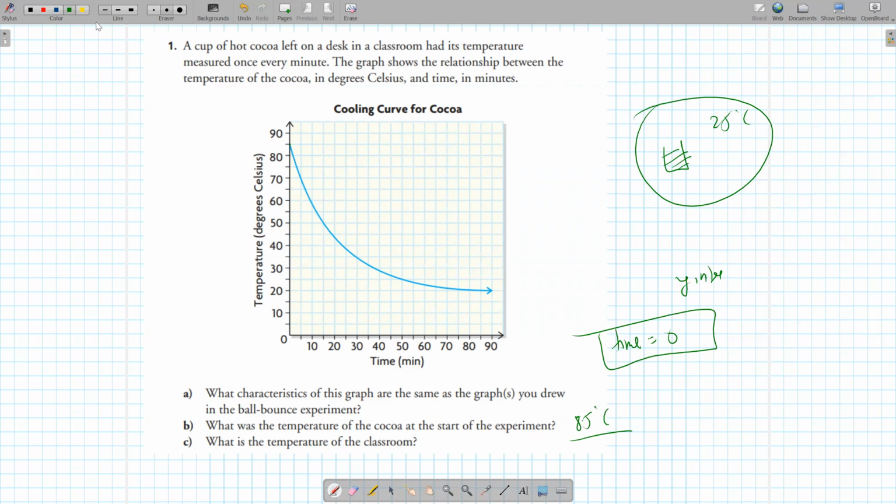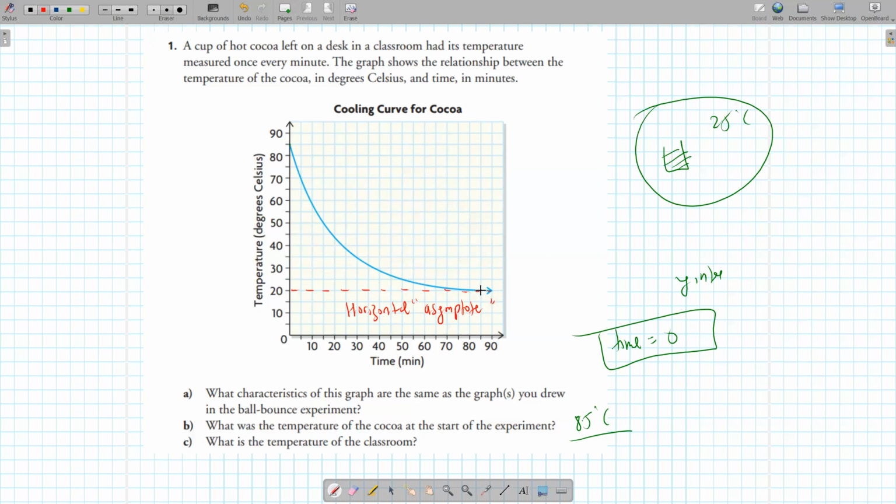So that kind of brings us to another property of exponential functions. They have an invisible barrier that they can never cross. In this case, it is at 20 degrees, okay? And this barrier is a horizontal line, right? The mathematical term for the barrier is called an asymptote.